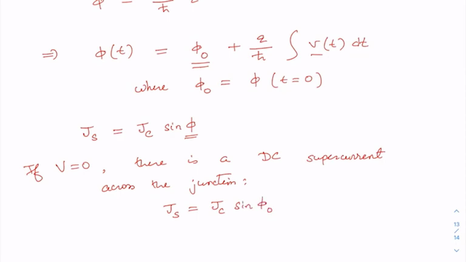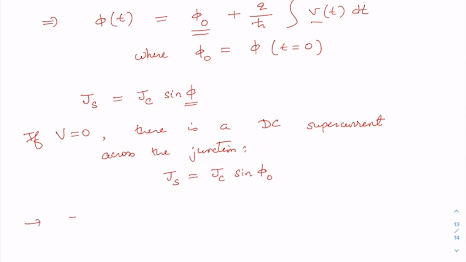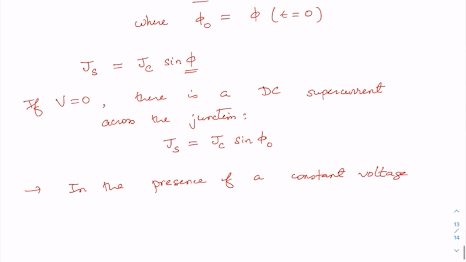Now in the presence of a constant voltage, an AC current appears.